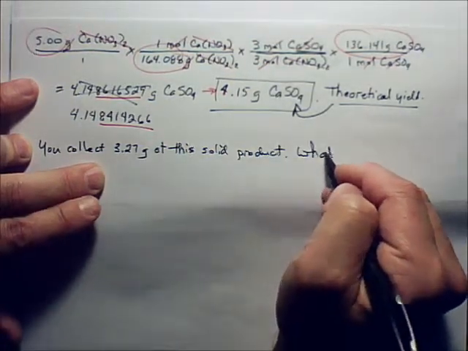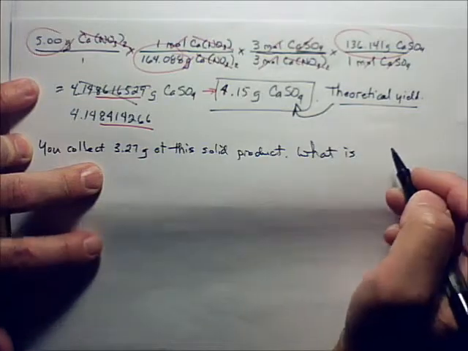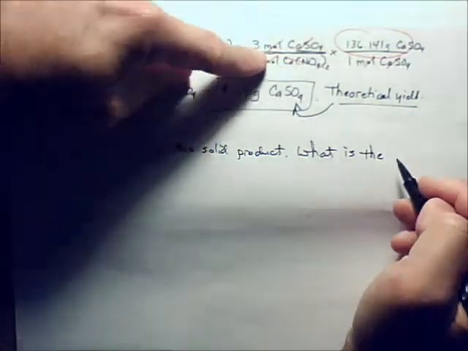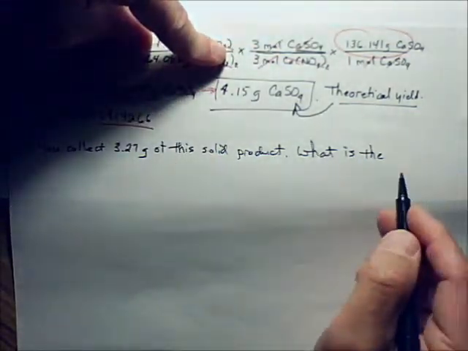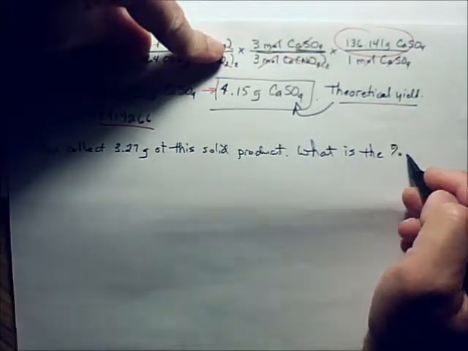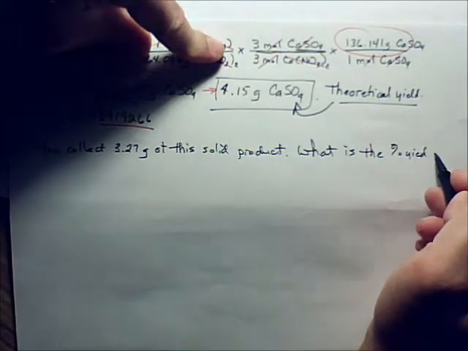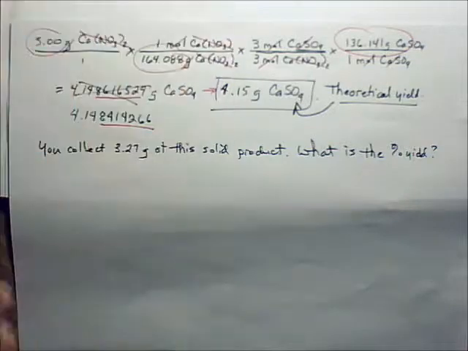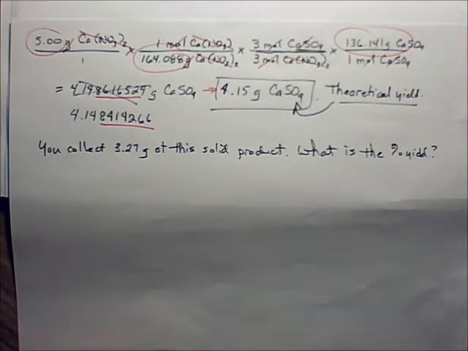So the question then is, what is the... This is your actual yield, and we want to know the percentage yield. What is the percentage yield? You divide, multiply by 100. You're absolutely right.